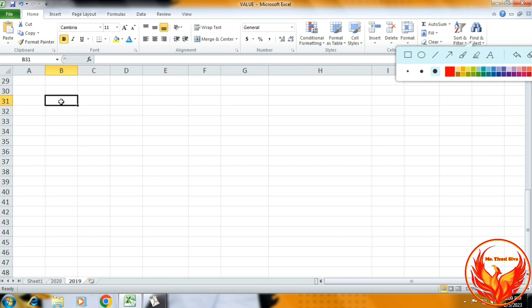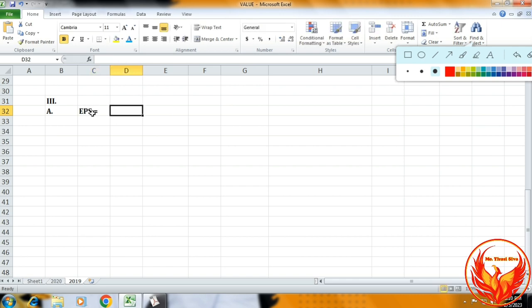So, part A. First we have to calculate the EPS, earnings per share.